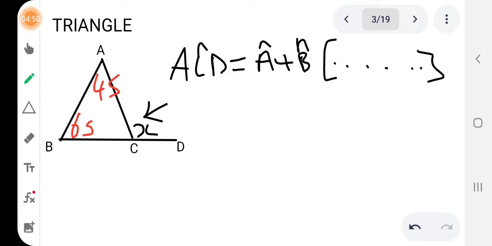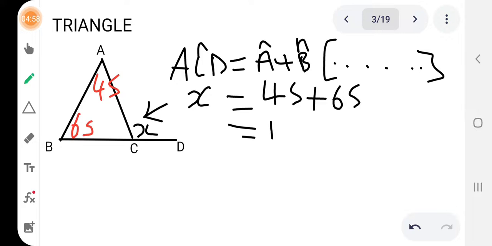We know our angle here is x. Angle A is 45, angle B is 65, which gives us 110. So your x will be 110 degrees.